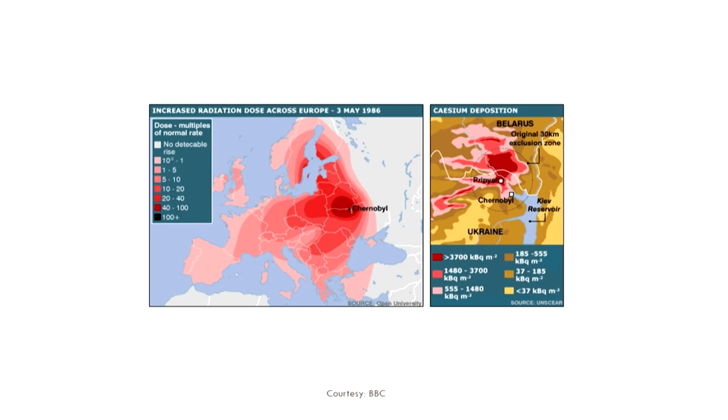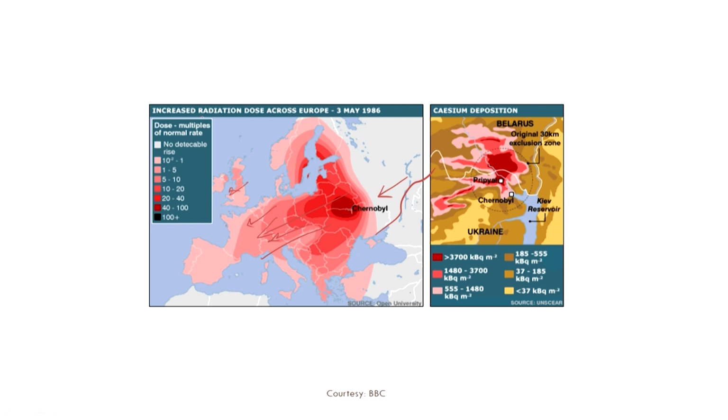So, here it's Chernobyl, and at that time it was the USSR. As you see, because of the prevailing wind conditions, what do you see? Considerable radiation, or the pollutants, were taken all across Europe. So, that is something for you to keep in mind, the extent of transport of air pollutants.